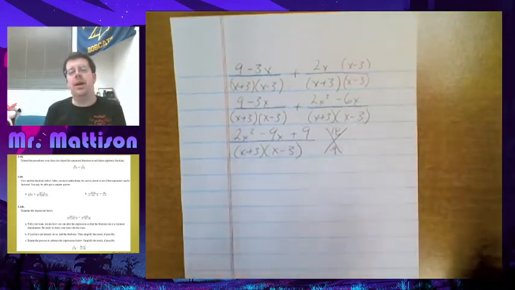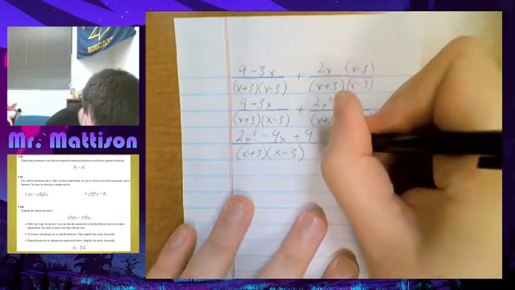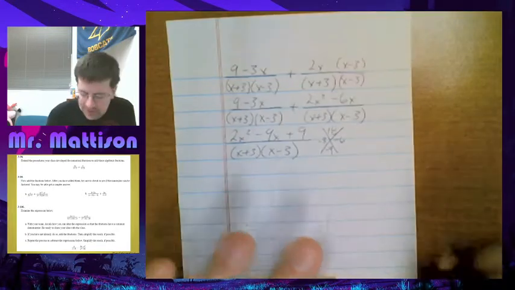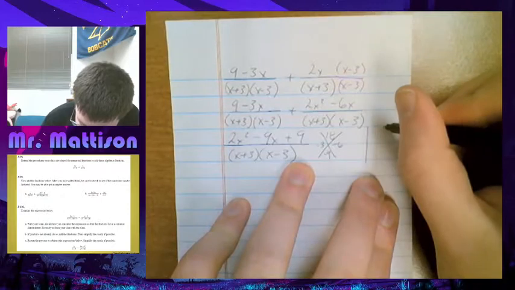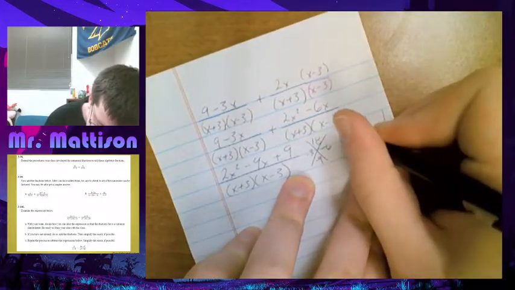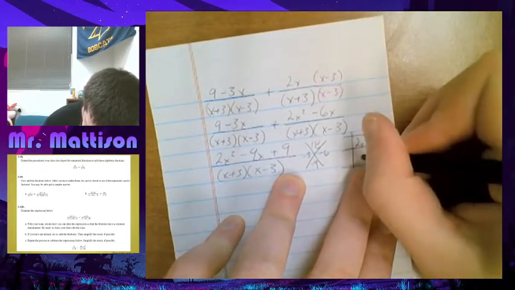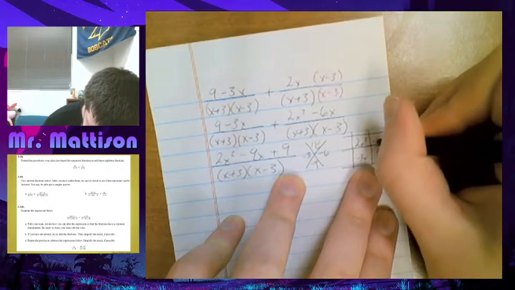So I need to multiply to be 18 and add to be negative 9. Well, that's going to be a negative 3 and a negative 6. So then when I do my box, I get 2x squared, 9, negative 3x, negative 6x.